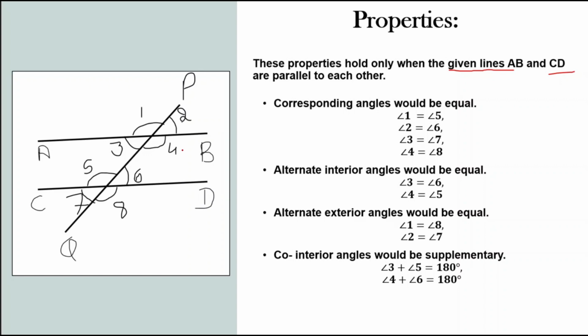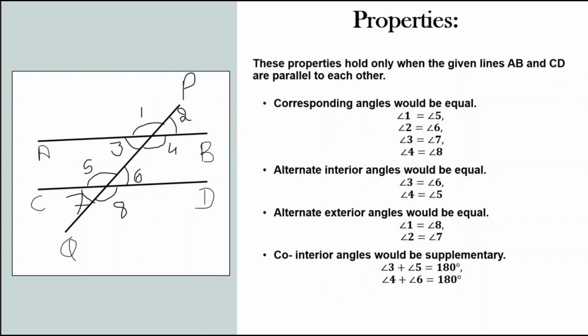If AB is parallel to CD, corresponding angles would be equal. Angle 1 would be equal to angle 5, 2 to angle 6, 3 to 7, 4 to 8. Corresponding angles would always be equal if lines are parallel to each other.